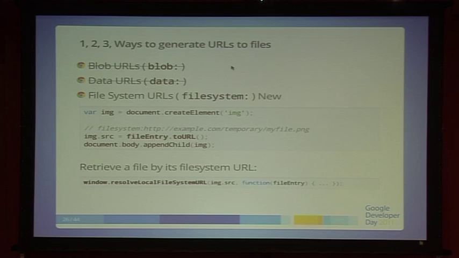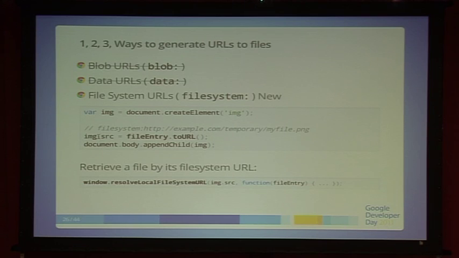Then, if you want to reference a file in the file system, you can use the new file system URLs, which are like filesystem: the domain name, then whether it's the temporary or the persistent file system, and the file name. And you can use those for an image source or for anything that takes a URL, basically.